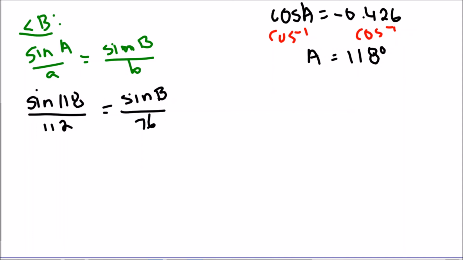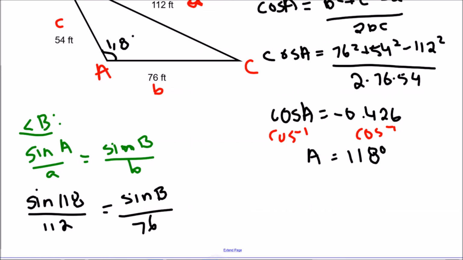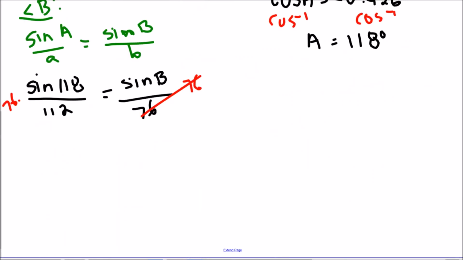Since we're starting with an obtuse angle, 118, we don't have to worry about the ambiguous case here. So we isolate capital B, right? We're solving for the angle. Multiply 76 to both sides. We'll take the inverse sine of this result, right? Because that's telling us sine B is 76 sine 118 over 112.